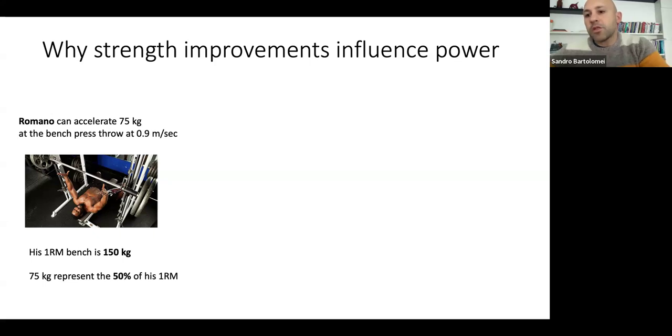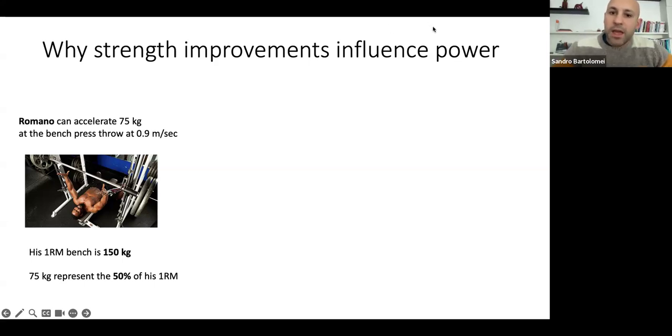So weightlifters are supposed to produce a lot of power with heavy loads. That's their principal characteristic. So in order to be able to accelerate heavy loads very quickly, they need to have a high level of maximum force. Okay?